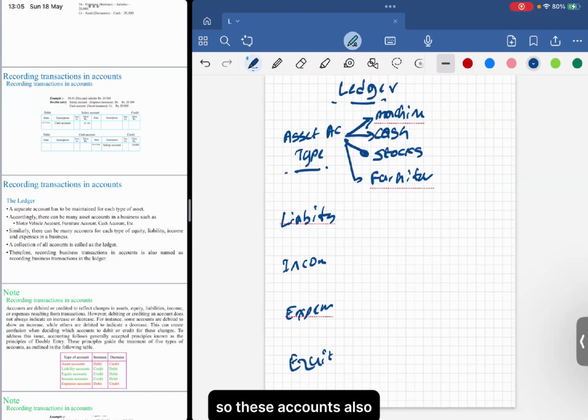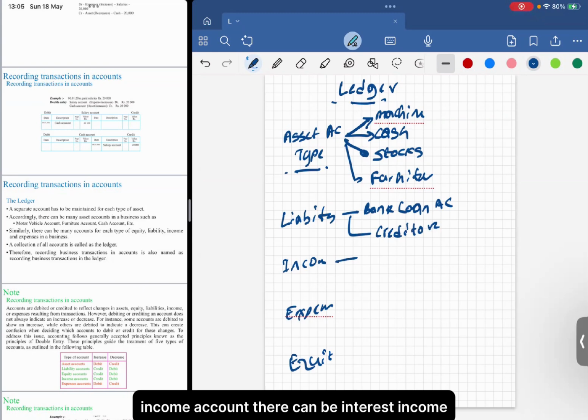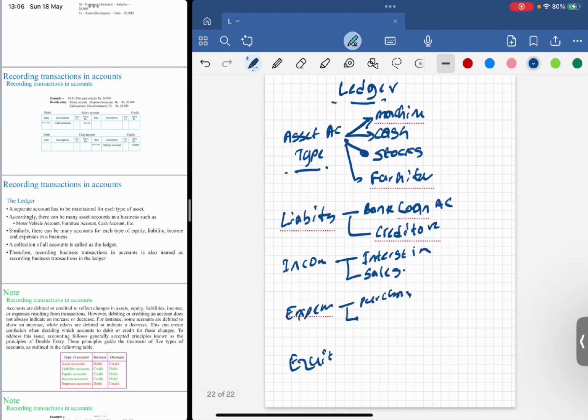So these accounts also, there are a number of other accounts. For example, if we take liability account, there can be bank loan account, and there can be creditors account. Income account, there can be interest income, there can be sales income. Now expenses, there can be purchases account, and there can be what else? Salaries.